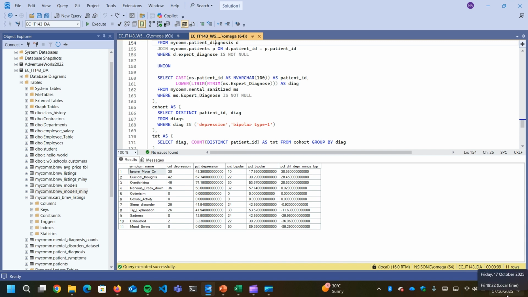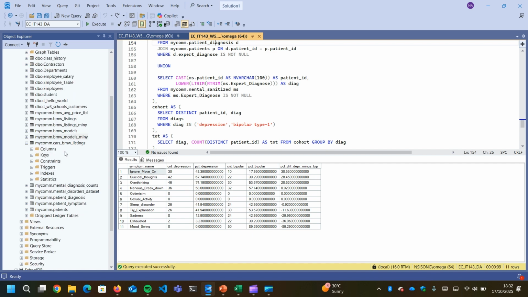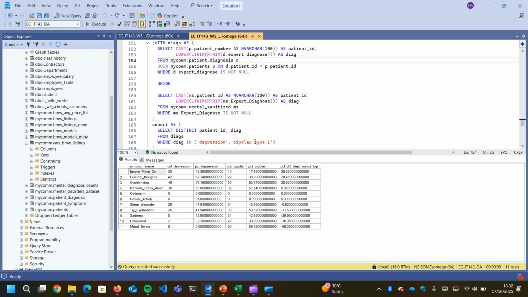Basically, across both cases, the same process applies. What we did is define the question clearly, prepare the data carefully, join the related tables. You can see these are my tables here, and aggregate meaningfully. So thanks for watching my short presentation.